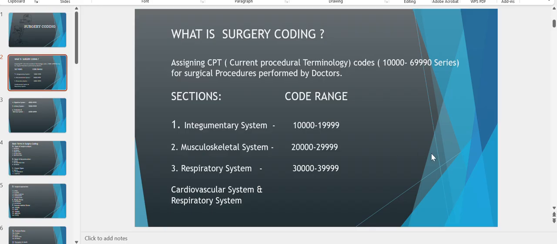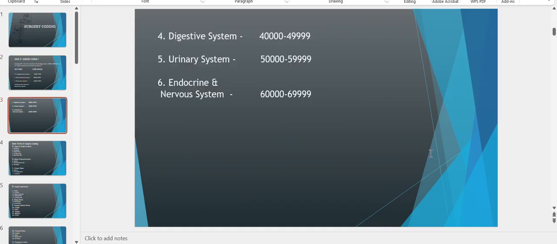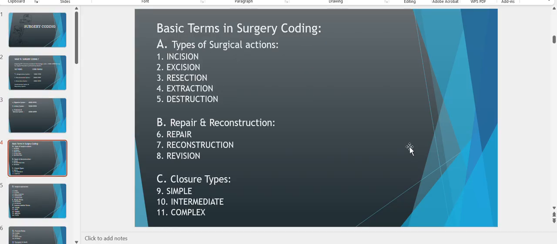The integumentary system is the 10,000 series, musculoskeletal system the 20,000 series, respiratory and cardiovascular system the 30,000 series, digestive system the 40,000 series, urinary system the 50,000 series, and endocrine and nervous system the 60,000 series. So before starting, we have to understand the basic terms in surgery coding.